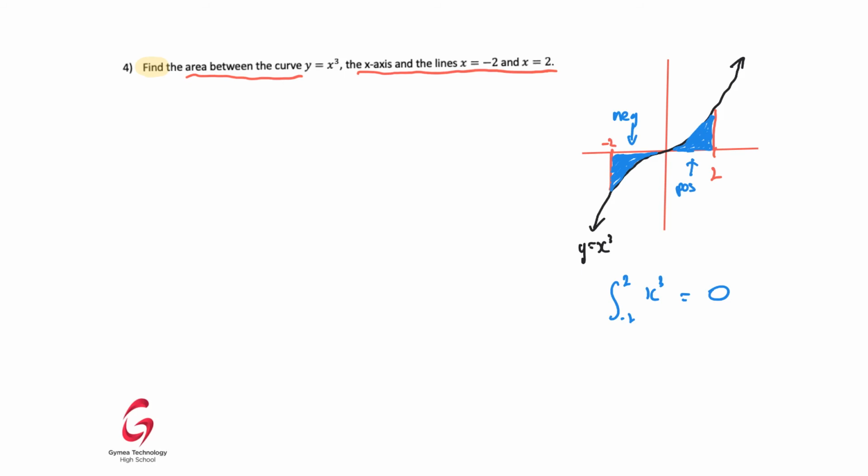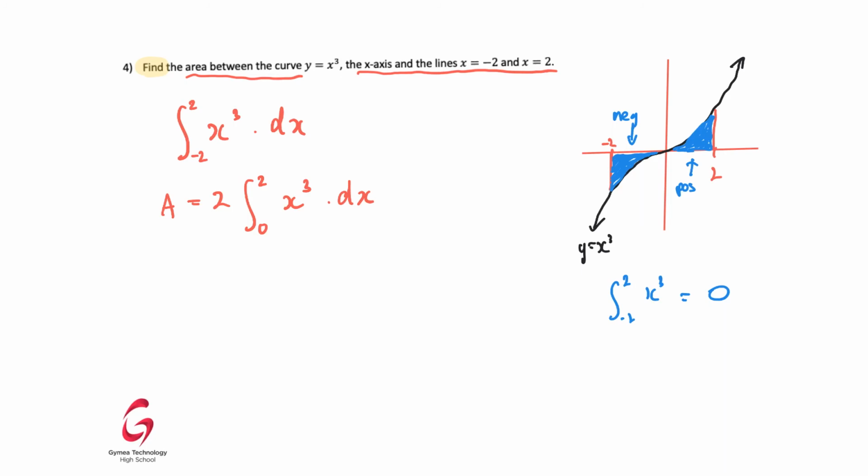All right, so instead of going and just integrating like normal for this function, what we're actually going to do is we're not going to integrate between 2 and -2. We're going to get two lots of the integral between 2 and 0.